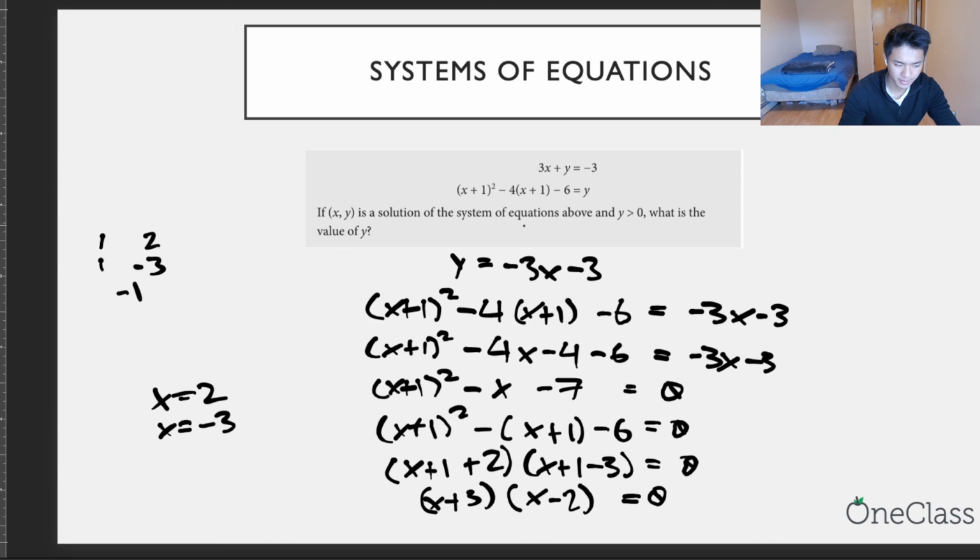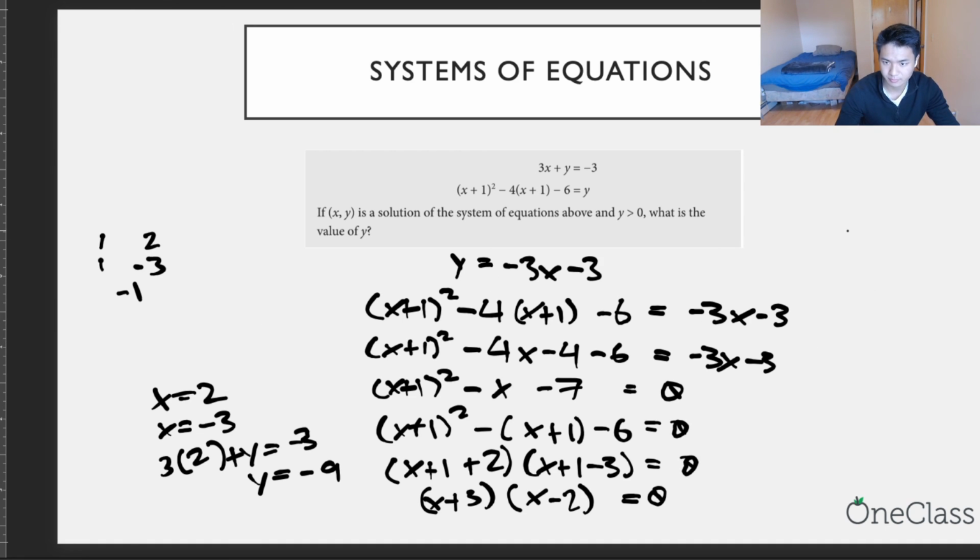Our last step is to plug in and get our y value, because the question is asking us to find y. So we can do, for x equals 2, 3 times 2 plus y equals negative 3. That's going to give us y equals negative 9. And the other way we can do it is plugging in negative 3.